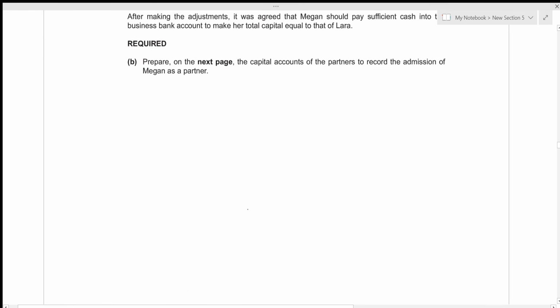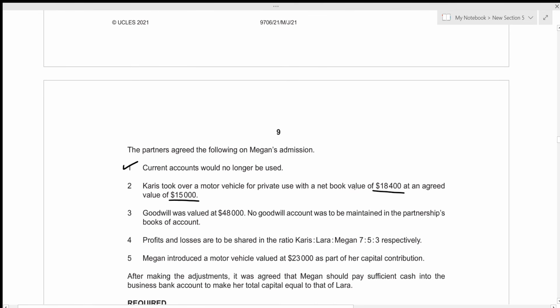All right, but we also need to see that it had a net book value of 18,400, but Karius only paid 15,000, which means that there is a loss on revaluation, right? So the loss on revaluation is 18,400 minus 15,000, which is going to be 3,400.